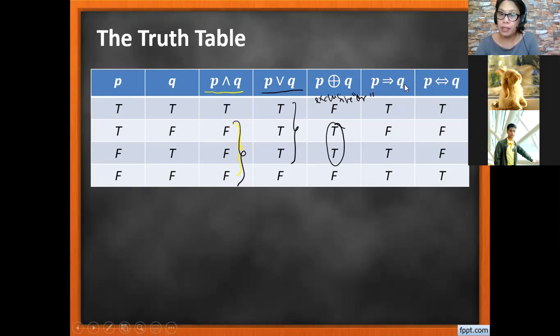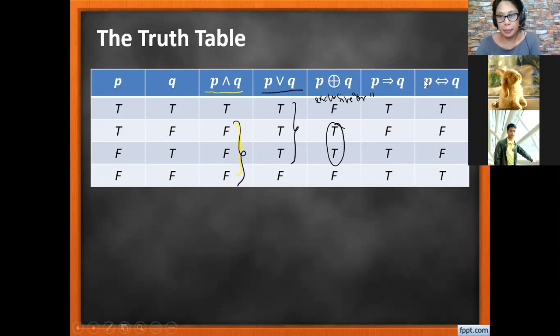Now you don't need to memorize this, but you can easily understand the idea if you know the rule of each connective. So that's why I'm explaining the rule of each connective. Okay.